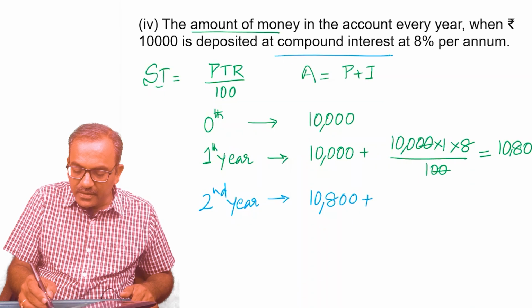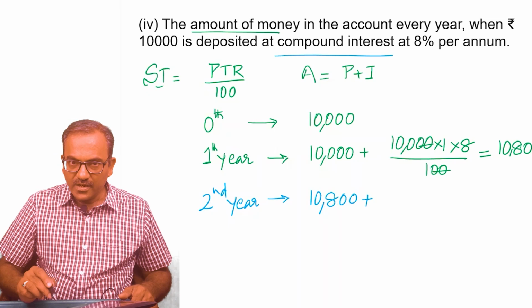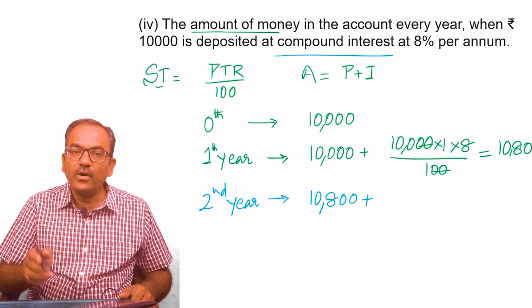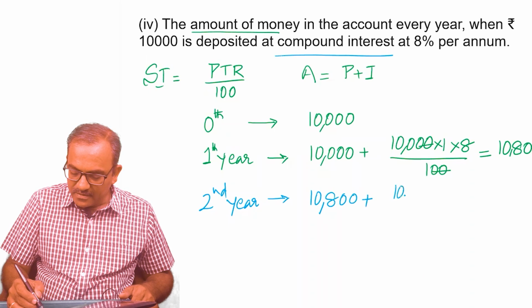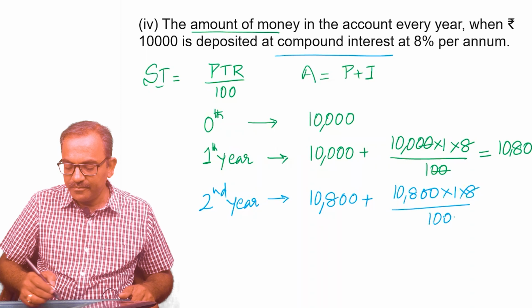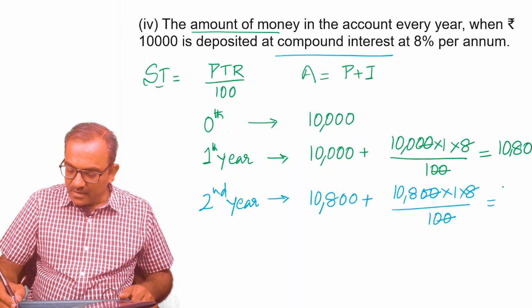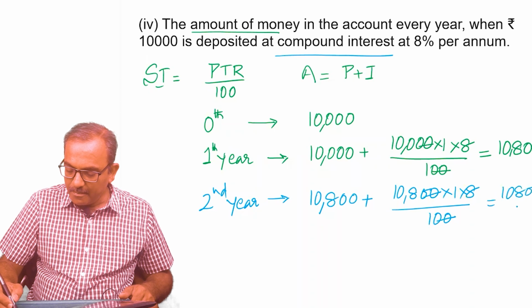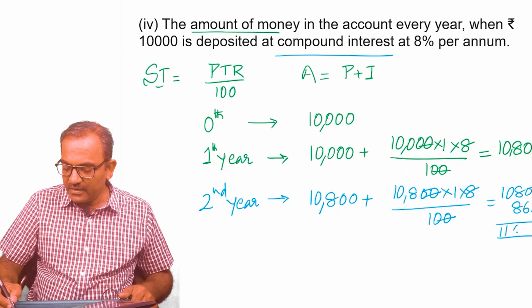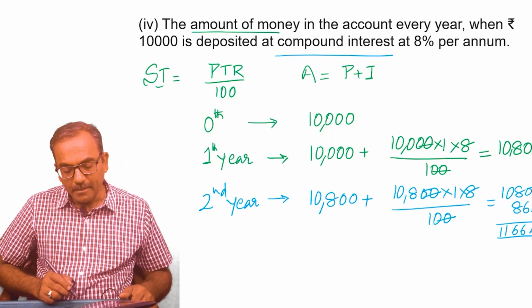Since it is the compound interest formula, you need to take up the interest earned and find the interest on interest, plus 10,800 into 1 into 8 divided by 100. So these two get cancelled. Then I have 10,800 plus 864. That amounts to 11,664.